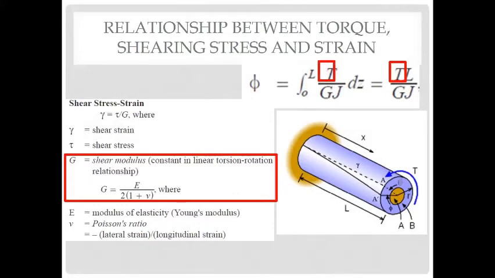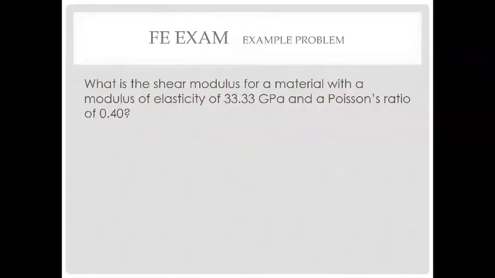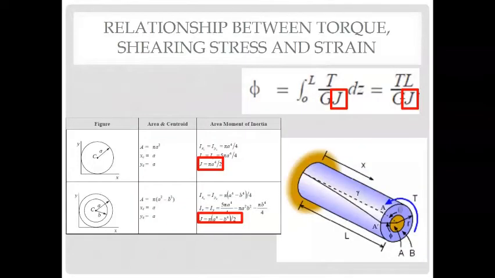And you try to use that relationship to calculate the shear modulus. And of course, you should get 11.9 gigapascals. All right, so I hope everybody got that answer. Awesome.